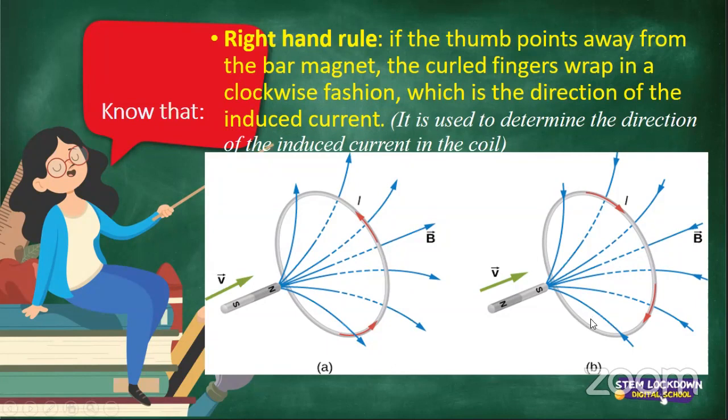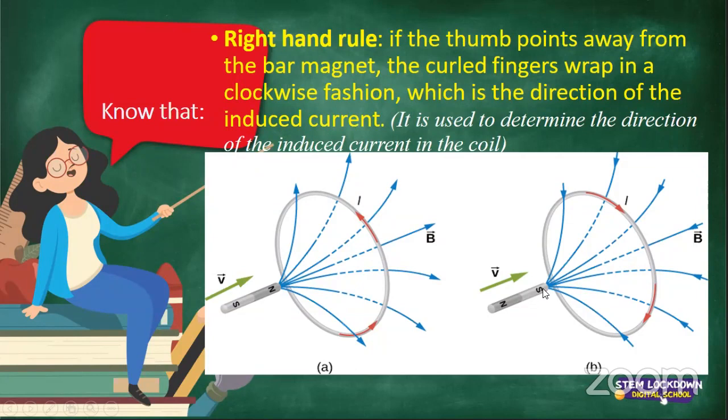And now, in here, the south is where your thumb will be pointing. Remember, in order to predict the direction of the induced current, you must be pointing away from the direction of the magnetic field.